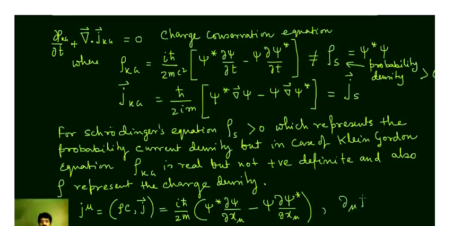Del mu J mu is equal to 0. So this is invariant under Lorentz transformation. So this charge conservation is invariant under Lorentz transformation.